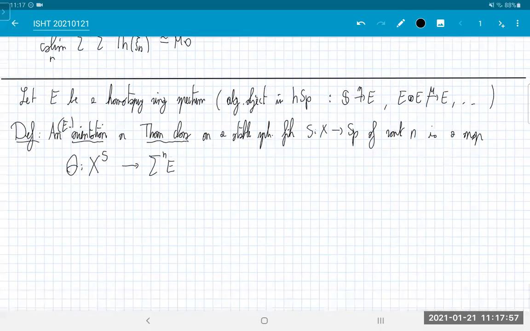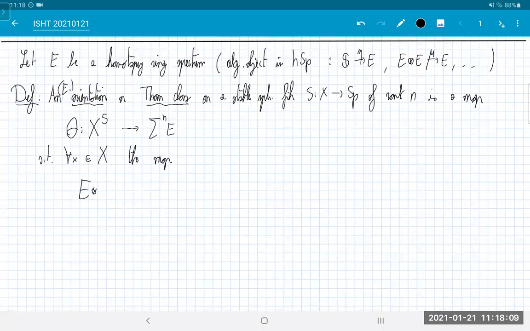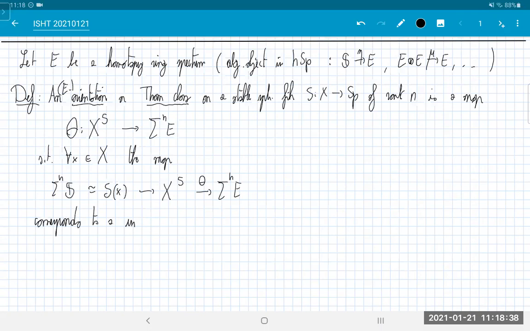such that for every x in X, the map S_x, and remember this is non-canonically equivalent to S^n, to sigma^n E corresponds to a unit of pi_0 of E. This is not dependent on the particular choice of identification here, of course.